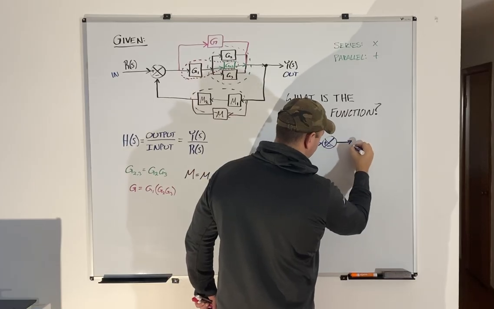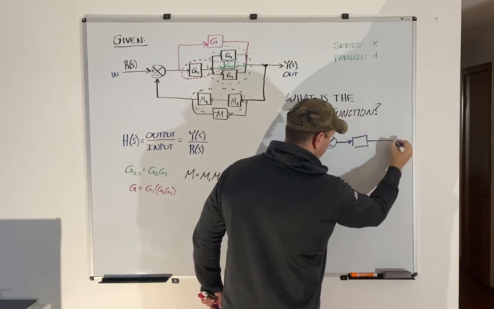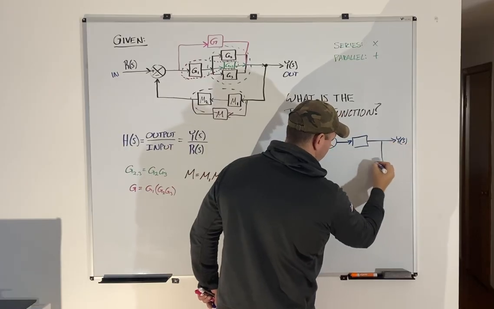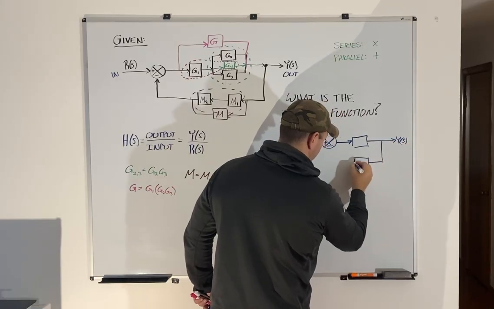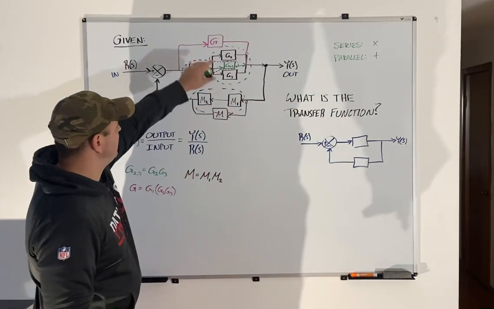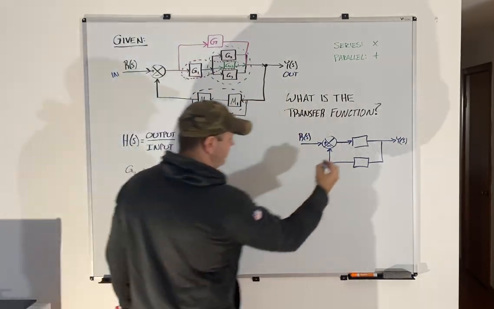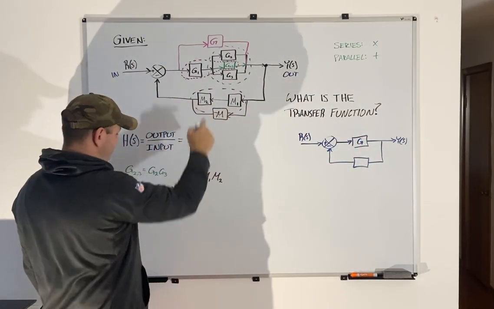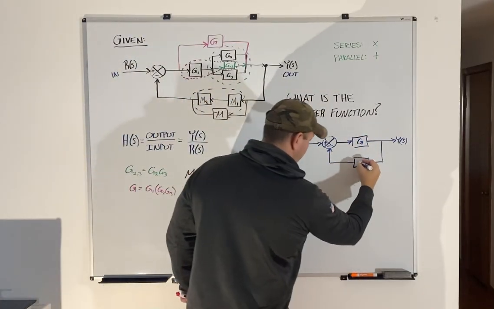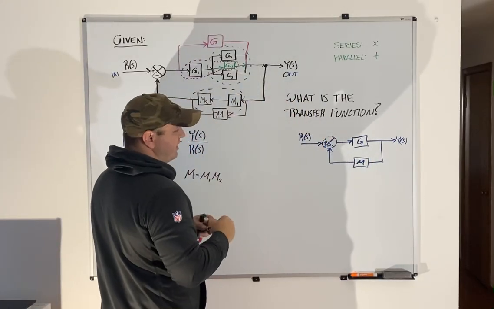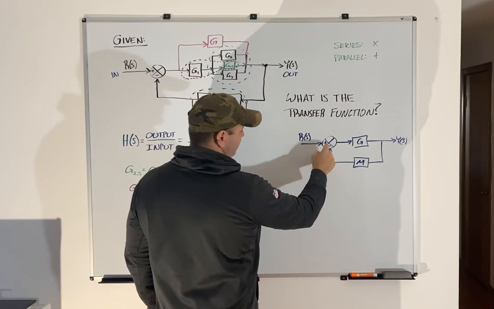It's exiting as Y. And I said that the pink one occupies the whole thing, that's G. And I said that M occupies the bottom, so that's M. And what am I running here? I'm running a negative feedback loop.